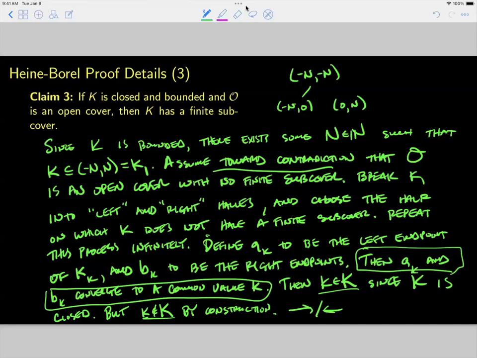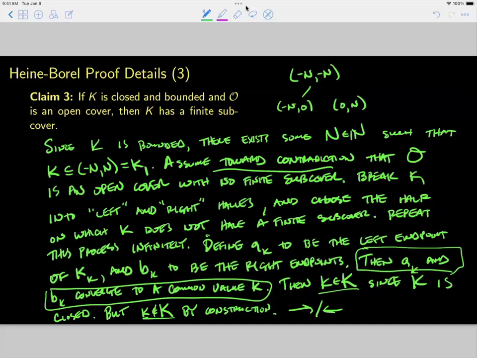If you look up arguments online, you may see some that use other theorems. You can use something from topology called Tikhonov's theorem. You can use the Bolzano-Weierstrass theorem. But what we're trying to do here is outline a proof, not necessarily from first principles, but without invoking much more than just the completeness of the reals themselves.